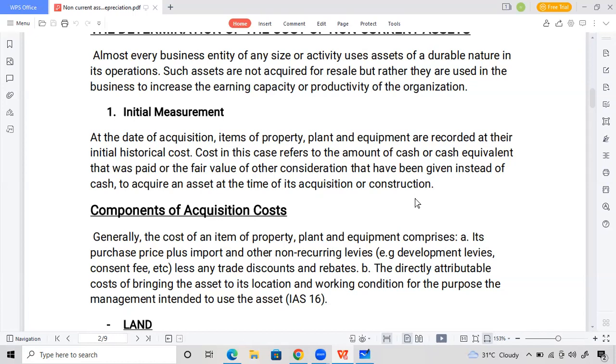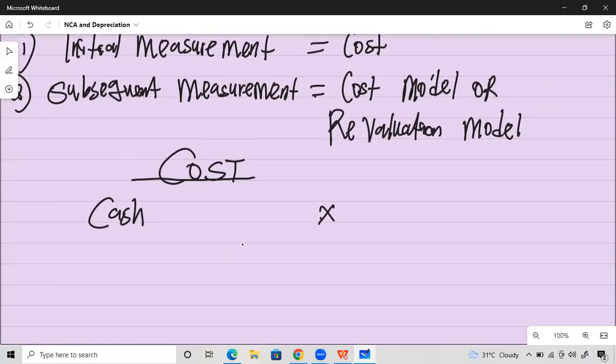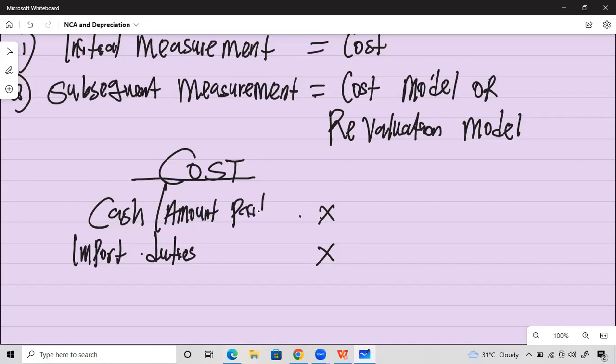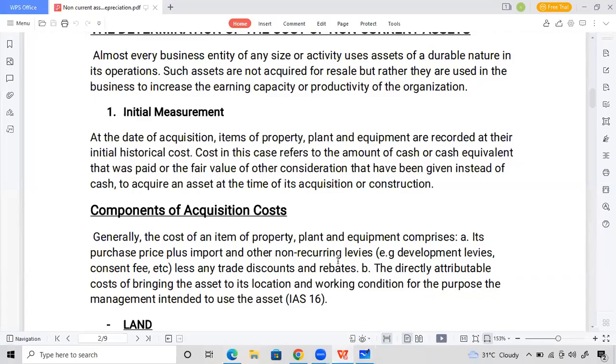Generally, the cost of an item of PPE comprises, one, the purchase price plus import duty, if it is not locally made, we are going to add it, the amount that you pay, and non-recurring levies, e.g., development levies, consent levy, and the rest like that.